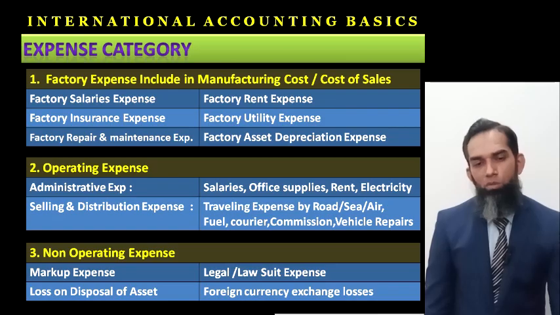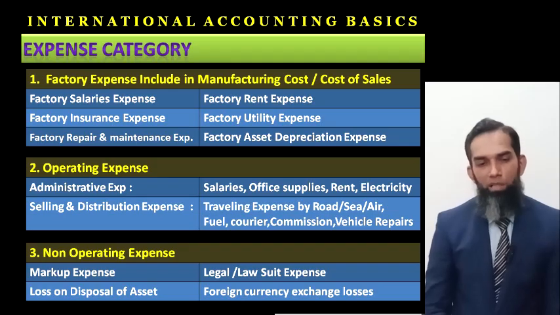So all factory expenses which are manufacturing expense related are factory salaries expense, factory rent expense, factory insurance expense, factory utility expense, factory repair and maintenance expense, and factory asset depreciation expense. These are all factory related expenses.